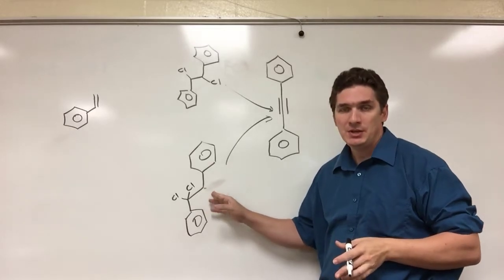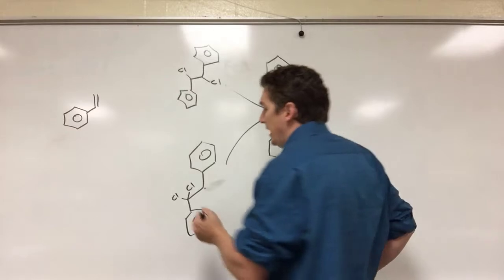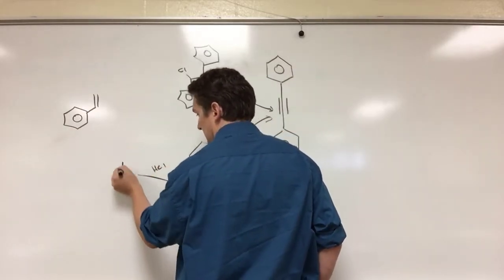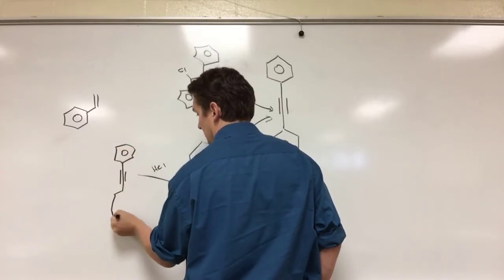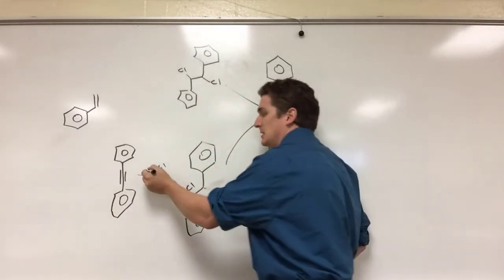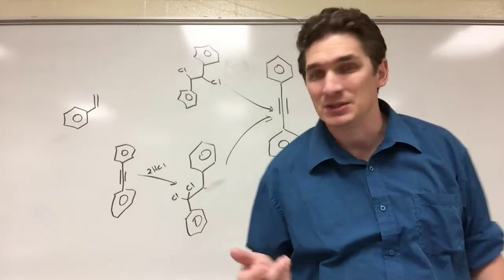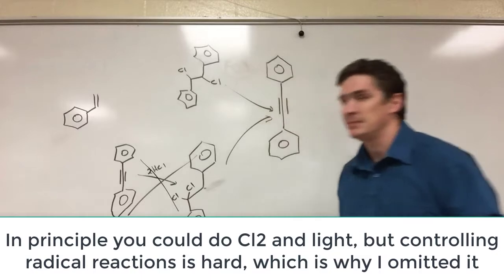Now, the way you would do something like this to get them on the same side is that you need to add something like HCl. Now, the issue with doing this is that this starts you back at the alkyne, which is what you want to produce. So this isn't a particularly useful scheme, so we're probably not going this way.